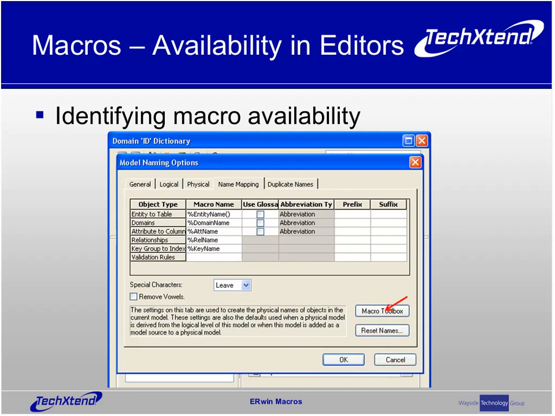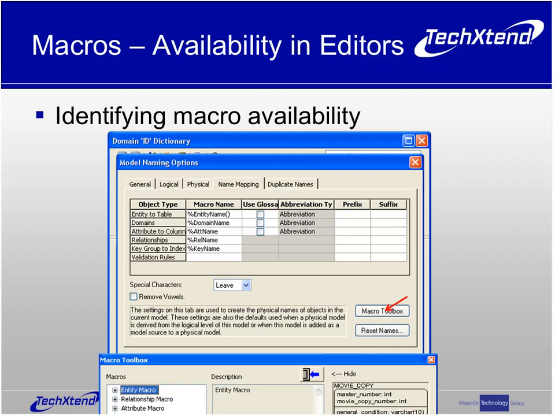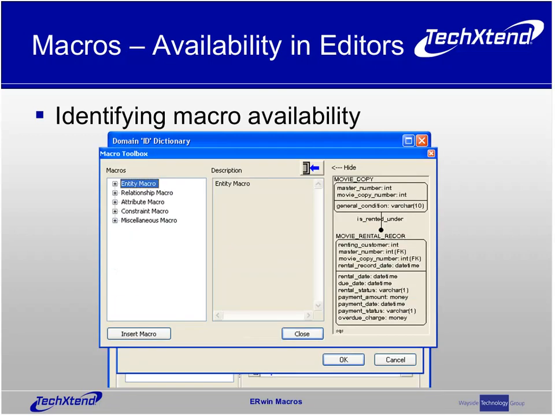To see a full list of all of the available macros, you can click on the macro toolbox button from this editor, and that will invoke the macro toolbox editor, which we'll see in much more detail during our demonstrations. It contains all of the specifications for all of the macros within the software.